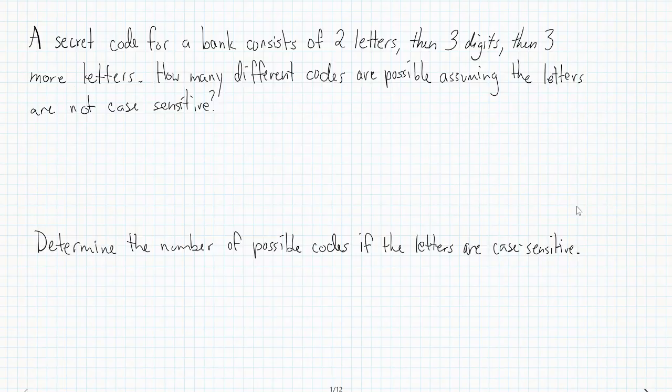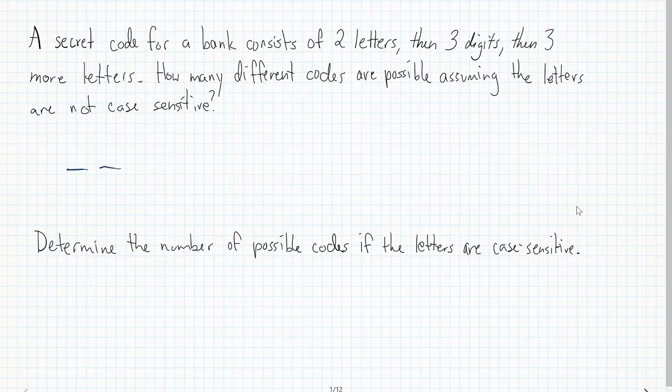We have a secret code for a bank consists of 2 letters, then 3 digits, then 3 more letters. How many different codes are possible assuming the letters are not case sensitive? So not being case sensitive means capital A and lowercase a would be considered the same. It's just an A. Now let's think about this, and what I always like to use is just some underlines, so we'll put those in here.